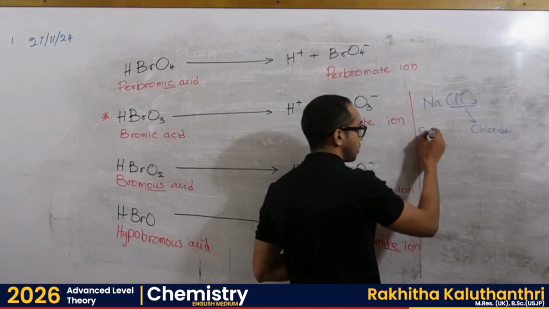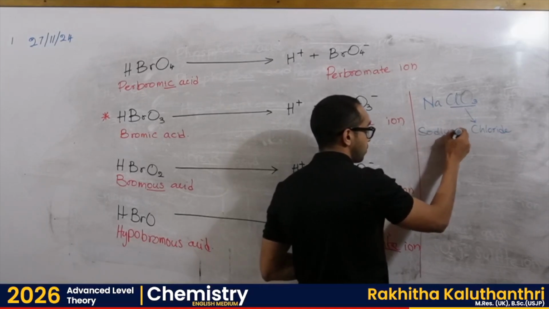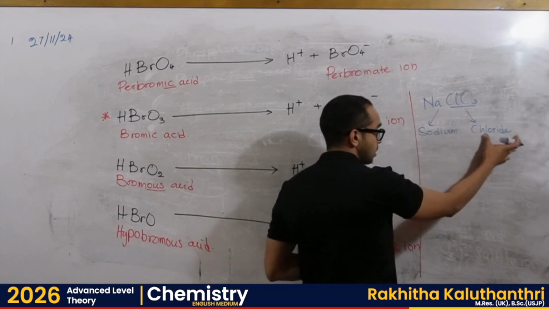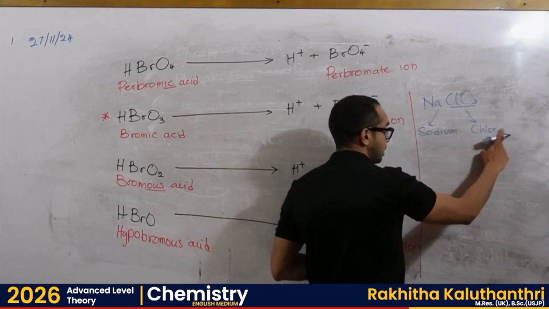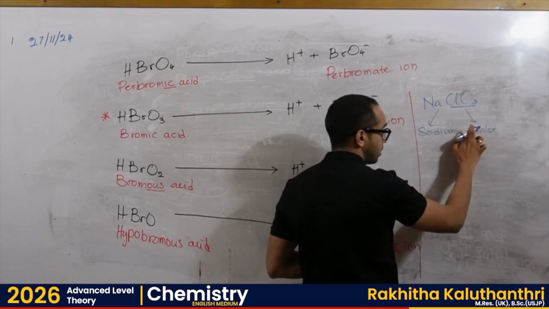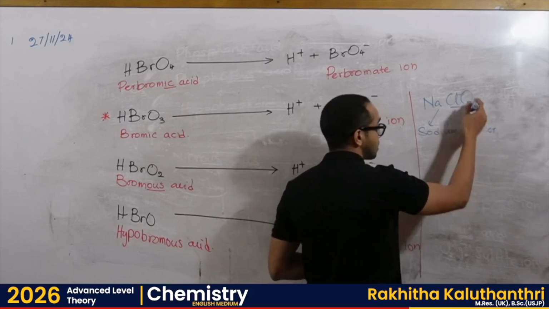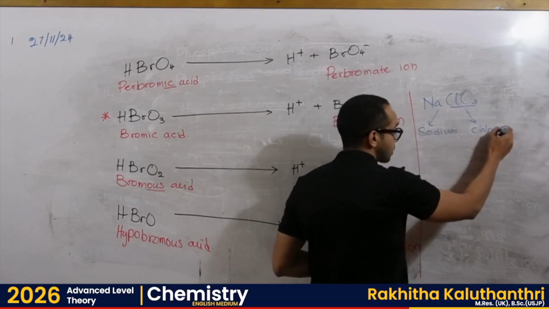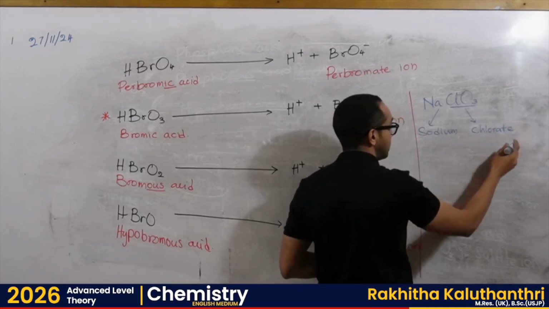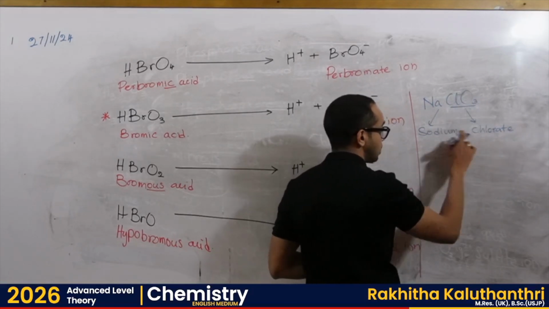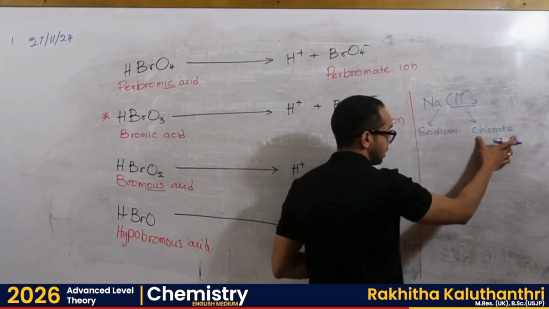Sodium's name is written first. Sodium chlorite. Not -ide, sorry students, not chloride. This is coming from chloric acid, so it is going to have the ending -ate. Chloric acid based anion has the ending -ate. So this is called sodium chlorate.